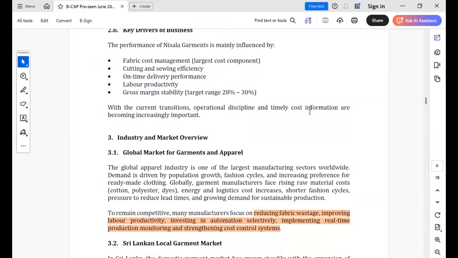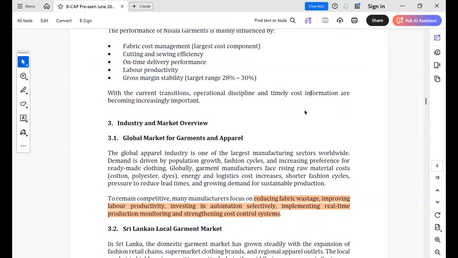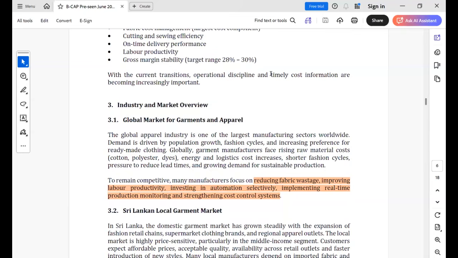If you don't have that information, you can't take effective decisions, right? So we want to see whether they have a good information system inside. That's what this indicates, right? So my feeling is there is some sort of weakness in getting information, right?